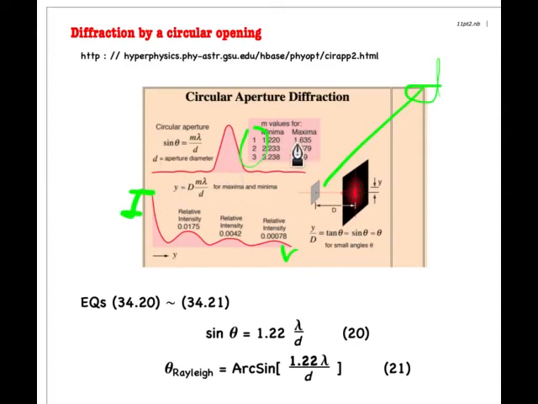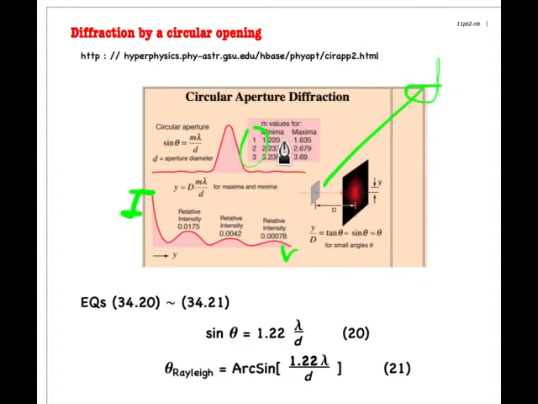All right, so that's the picture. Now, that's not all given in the textbook. What's given in the textbook is this equation, Equation 20, chapter 34. The angular position of the first minimum intensity is 1.22 lambda over d.